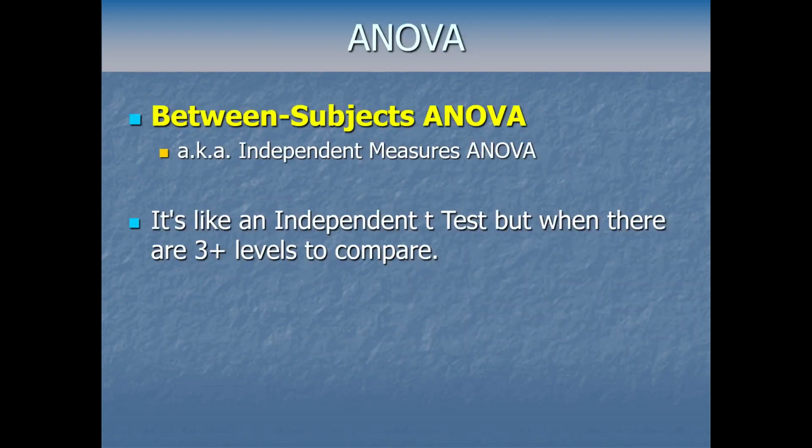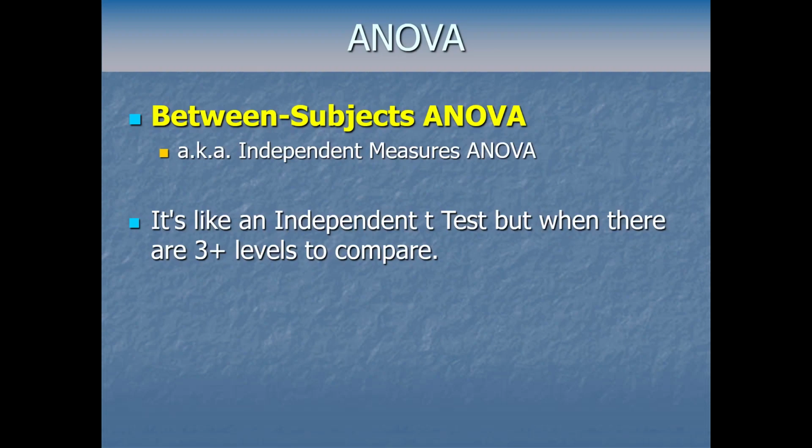Now, we won't get into the nitty-gritty of the statistics here, but the most common statistic you'll use when comparing the levels of a between subjects factor would be an ANOVA, which is short for analysis of variance. And specifically, if we're talking about a between subjects factor, we're going to do a between subjects ANOVA. Sometimes you'll see this called an independent measures ANOVA.